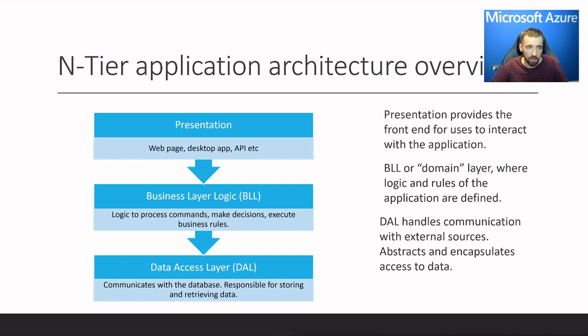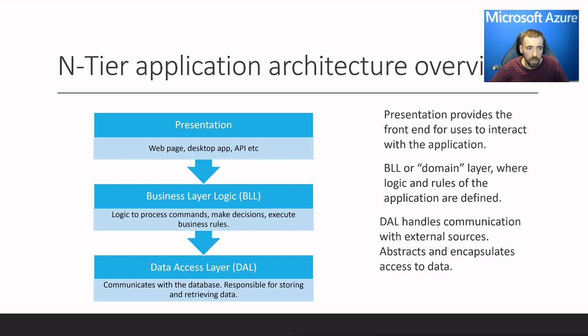So the presentation layer is the access point for the user to the application. This could be a web application, the web pages and the front end. It could be a desktop app, an API, or it might be a mobile application or something else. So presentation layer is dedicated to that front end code.